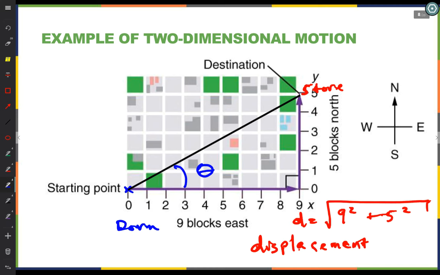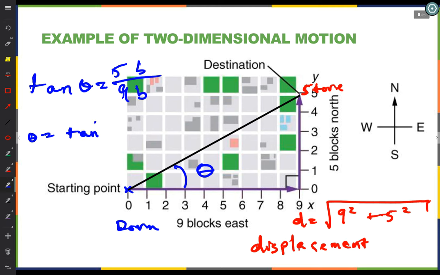Since tangent of theta is equal to the opposite side, 5 blocks, over the adjacent side, 9 blocks, then theta must be equal to arc tangent, which I'm going to write as tangent with a superscript of -1, of 5 over 9. Put that in your calculator. You can use radians or degrees, unless it's asked specifically to tell you the degree, to find the angle.